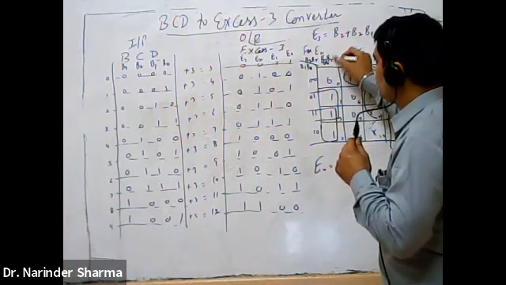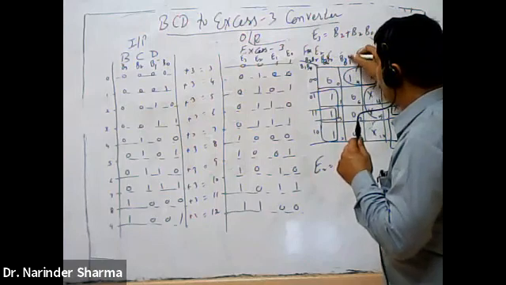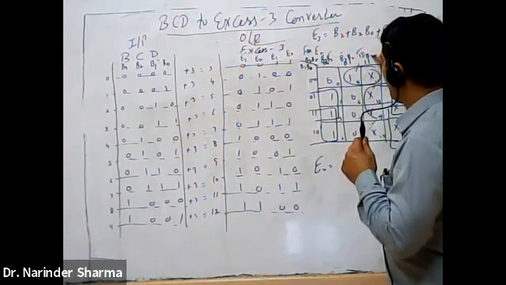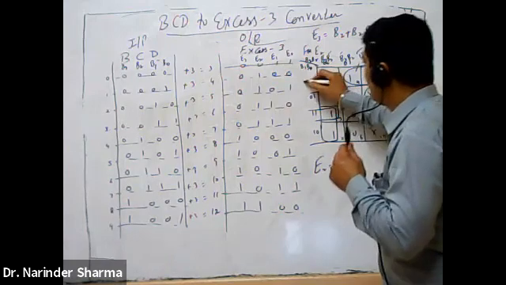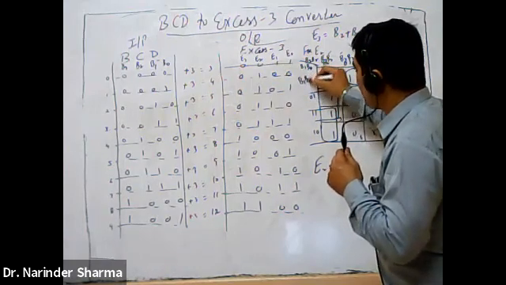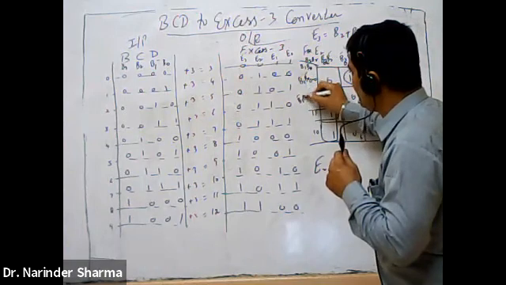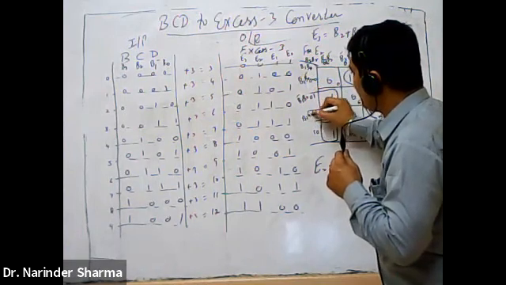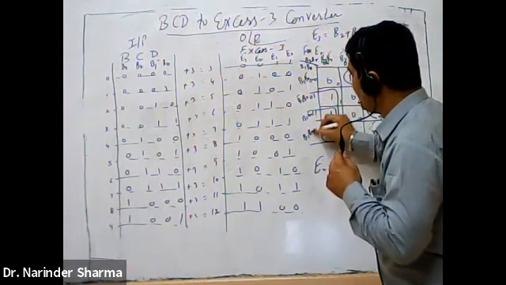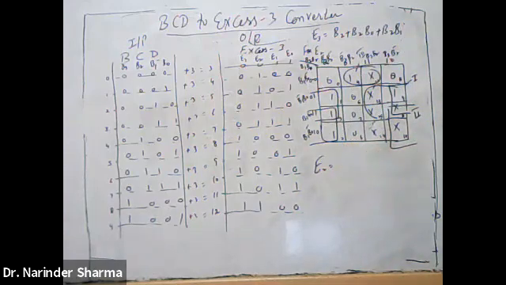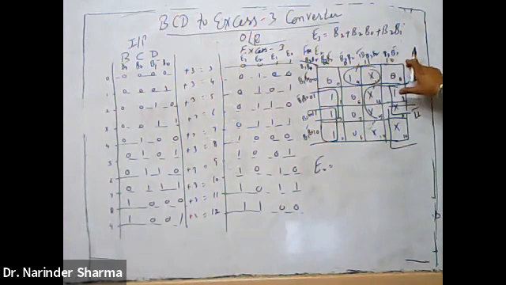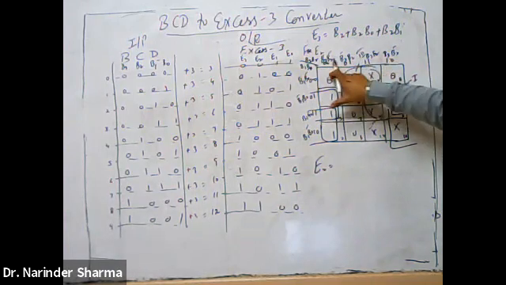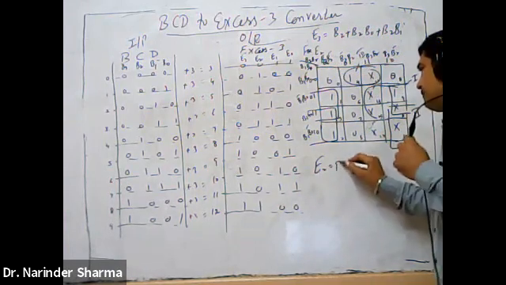For E2, you have to write your values: B3 bar, B2 bar, B3 bar, B2, B3, B2, B3, B2 bar, B1 bar, B0 bar, B1 bar, B0, B1, B0, B1, B0 bar. For the first one, from the vertical and horizontal sides, we will find B2 bar is common.